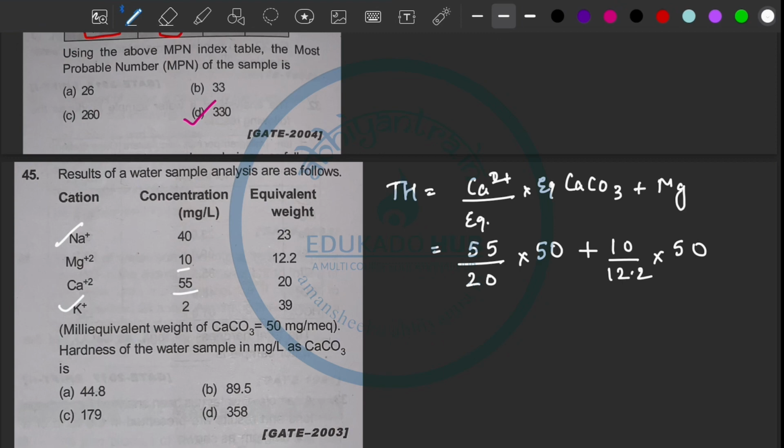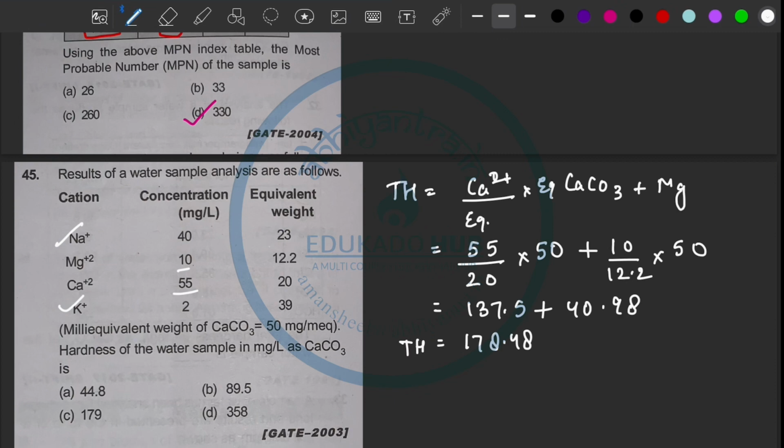So the total hardness comes to be 137.5 plus 40.98 that becomes approximately 178.48.